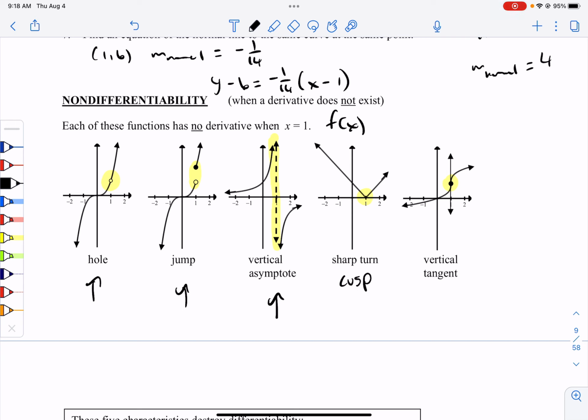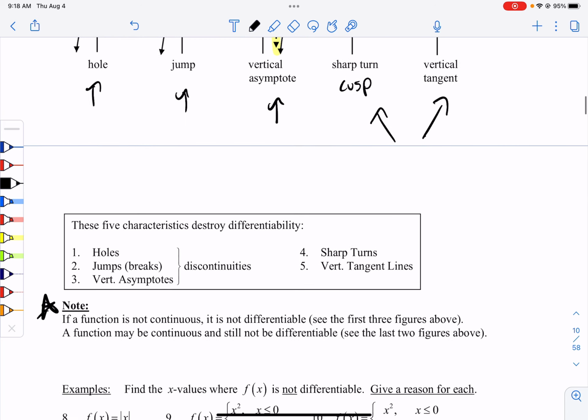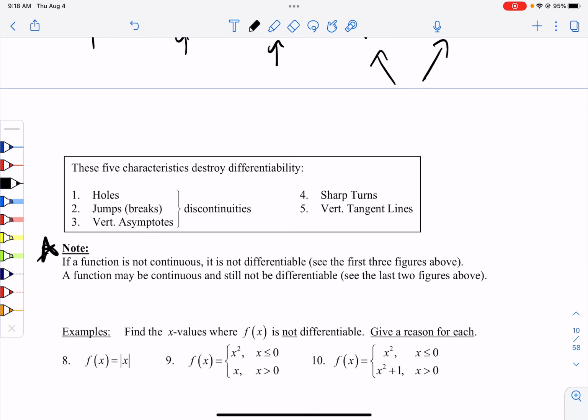So if it's not continuous, it is definitely not differentiable. But look at these two. These last two are continuous. Both of these are continuous, but they're not differentiable, okay? So what that means is that continuous does not imply differentiability.